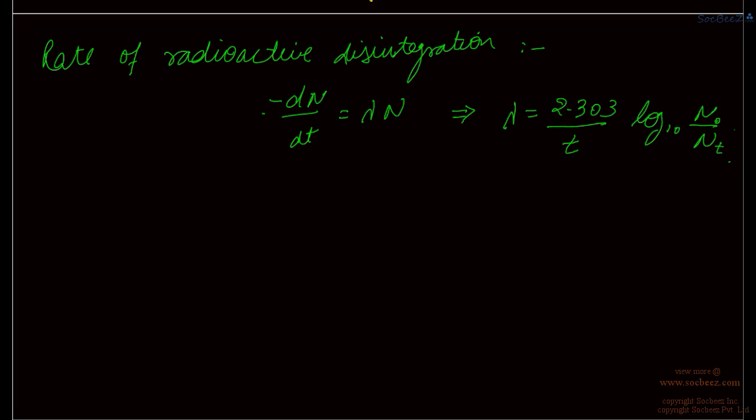Lambda is the decay constant and t is the time that has elapsed. So from here, the half-life period is 0.693 upon lambda. This is a constant.